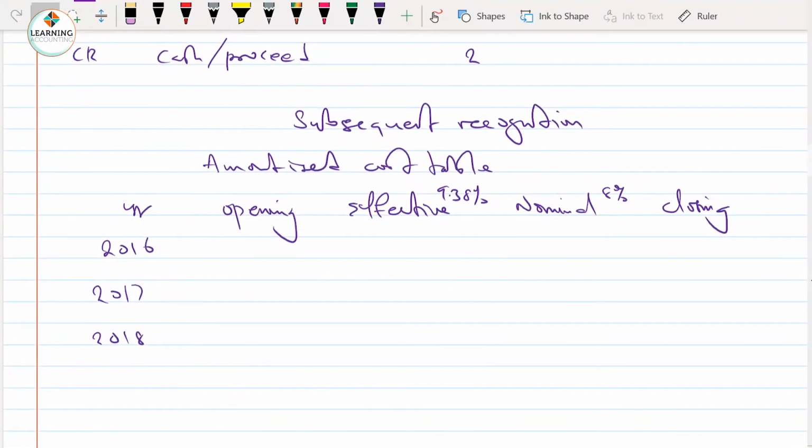That's the opening balance. Nominal is constant on the face value of the instrument, which is what you pay to the holders of the instrument. So you have 16 all through, while effective is on the opening balances.